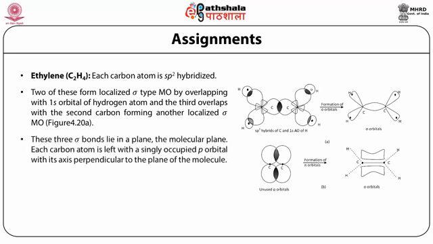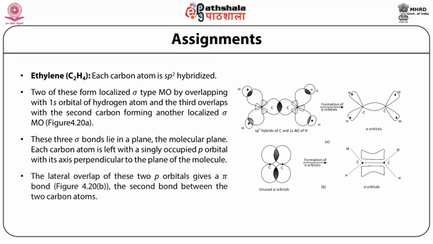These three sigma bonds lie in a plane, the molecular plane. Each carbon atom is left with a singly occupied p orbital with its axis perpendicular to the plane of the molecule. The lateral overlap of these two p orbitals gives a pi bond, the second bond between the two carbon atoms. The plane of the molecule is the nodal plane of the pi orbital.